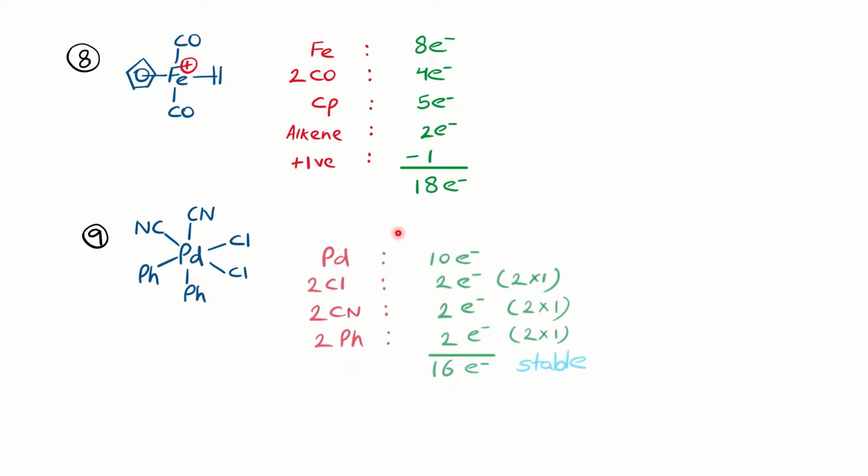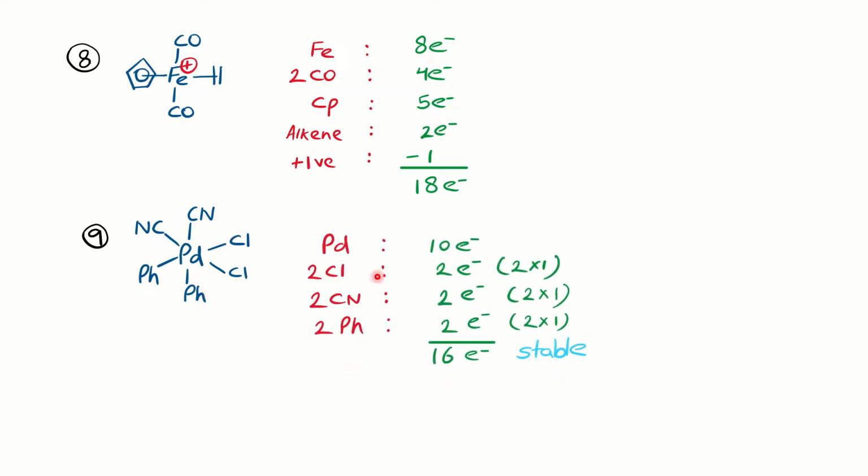So platinum is 10 electrons, each chlorine 1 electron, total 2 electrons, each cyanide group is 1 electron, so 2 electrons, 14 electrons, and now you have 2 Ph, each is contributing 1 electron, so 2 electrons, 16 electron configuration it is giving, which is a stable configuration for the large group metals because of the overcrowding.